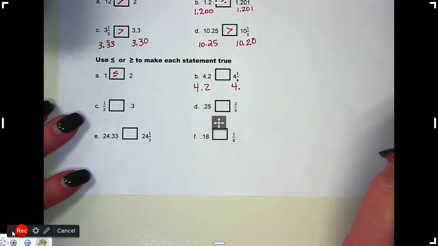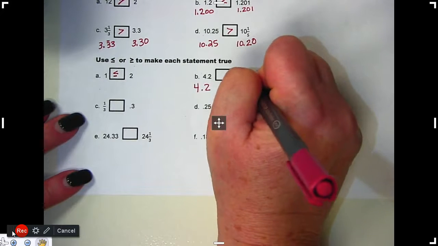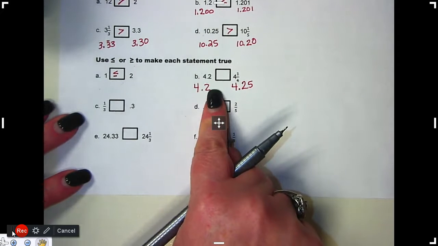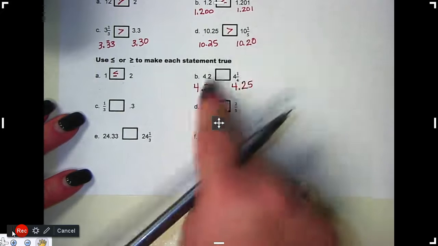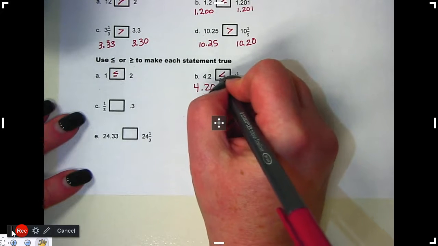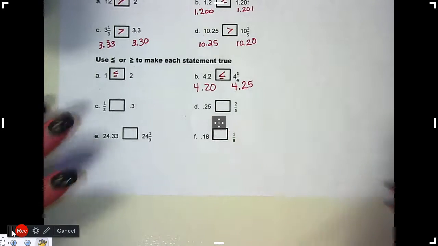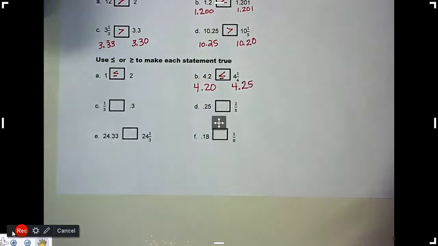What's 1/4 of a dollar? 25 cents. So what digit needs to go after this? A 0. So 4 2/10 or 20/100 is less than or equal to 4 1/4, which is 4 25/100.